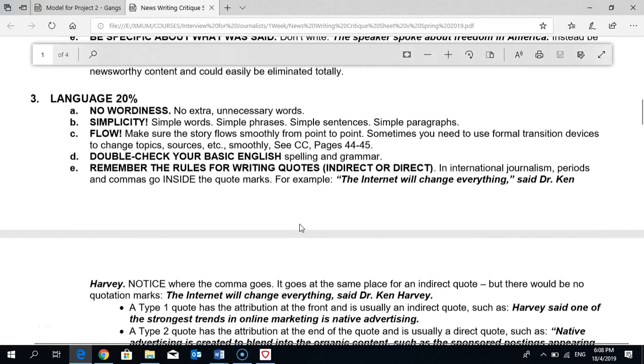Language: even though I use a lot of direct quotes, that's not the same as being wordy. Wordy is using a lot of words to say what you can say shorter. Direct quotes should be pared down.